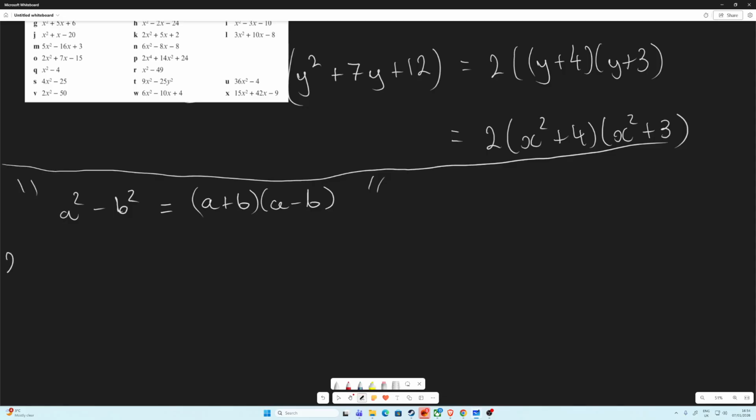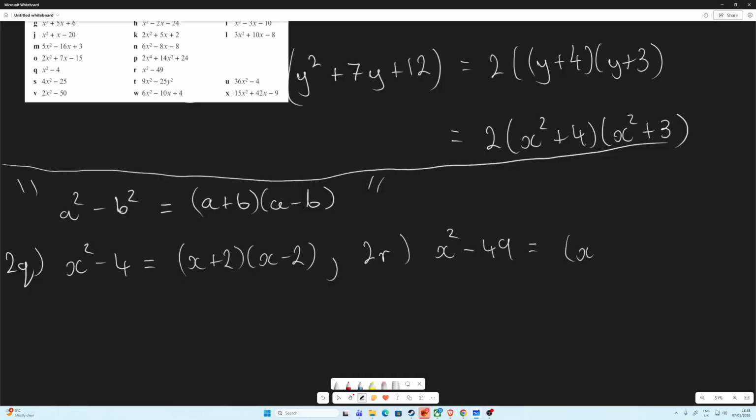So 2q, x squared minus 4 is equal to x plus 2, x minus 2. 2r, x squared minus 49 is equal to x plus 7, x minus 7.